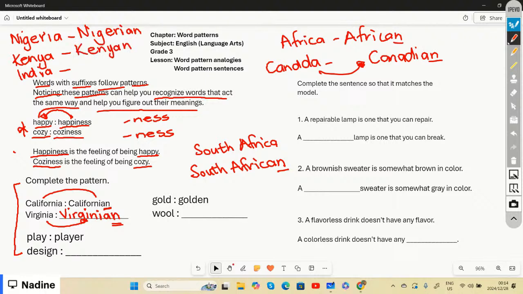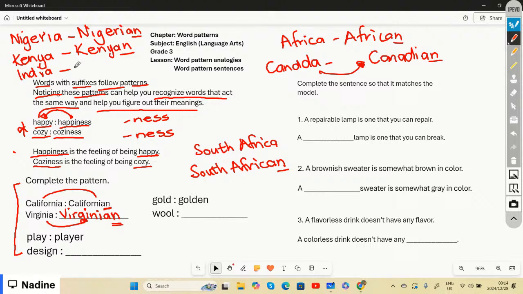And if you're from India, last one, and then we're moving on. Remember, all we do is we add the suffix n to that word, and that will basically show us the word pattern.